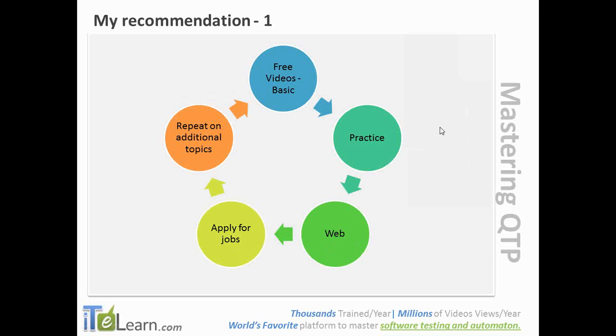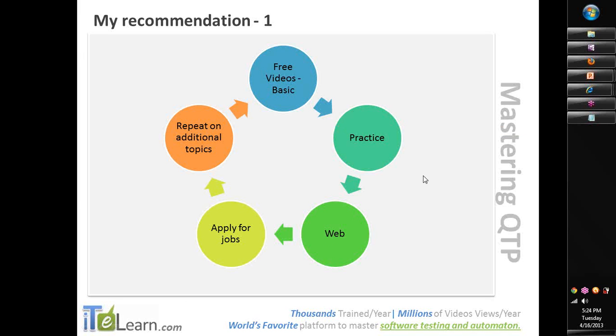So, for example, when you start the first time, you may not master everything. So just start with something basic. Let's say start with fundamentals of automation: how you do record and run, a few checkpoints, actions, and so on. VB scripting basics, and let's say a little bit of descriptive programming or a data-driven framework. All right, that is enough as a first round for you to get a fundamentally good idea.